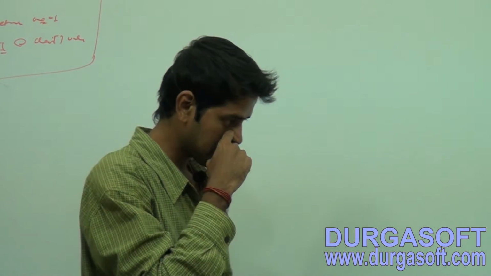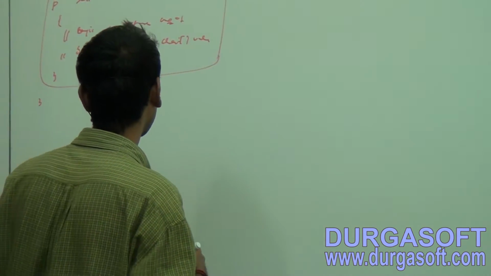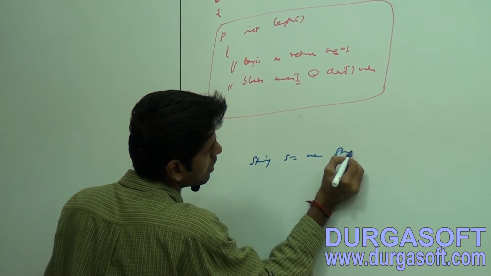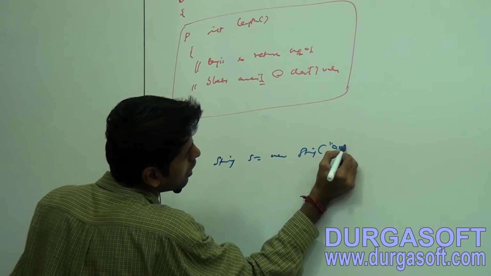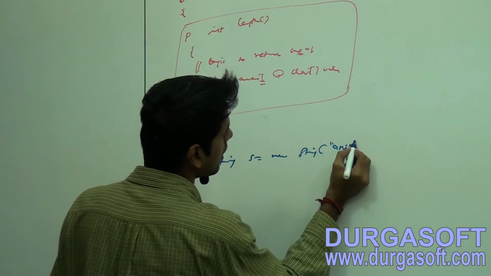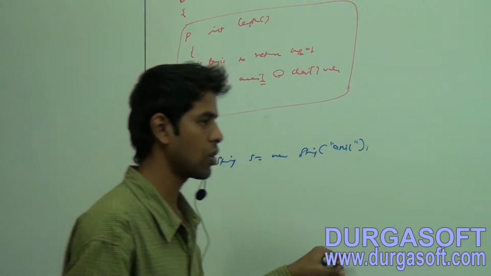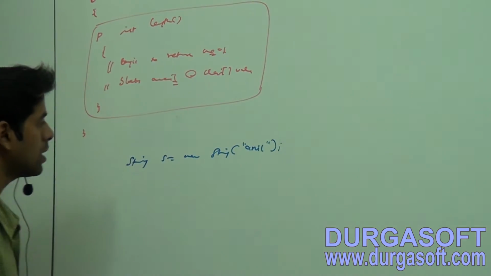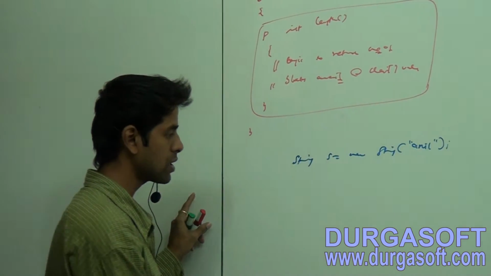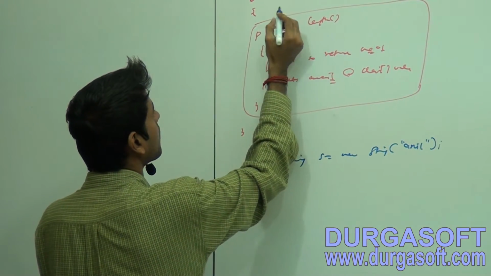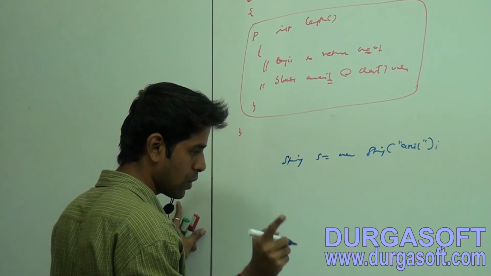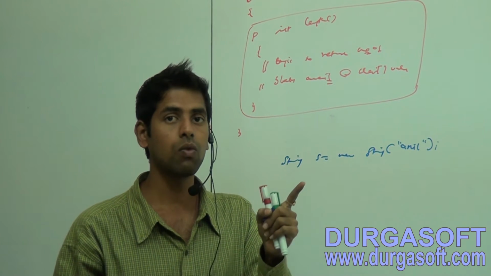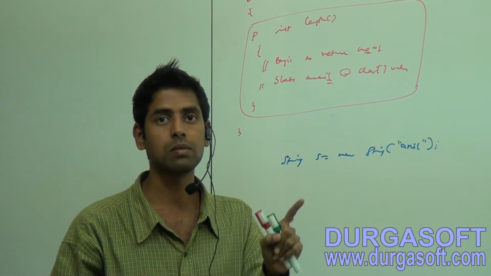Observe, simple logic. Suppose I create a String object by using a String constructor having a String as its argument. Within the String class, you have one char array, which is an instance array, final, and also private.